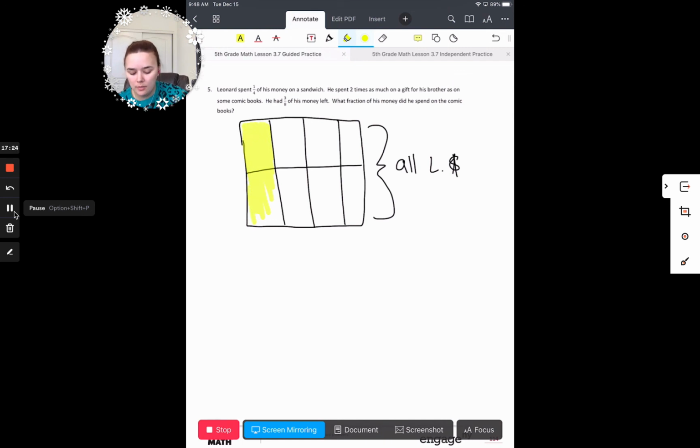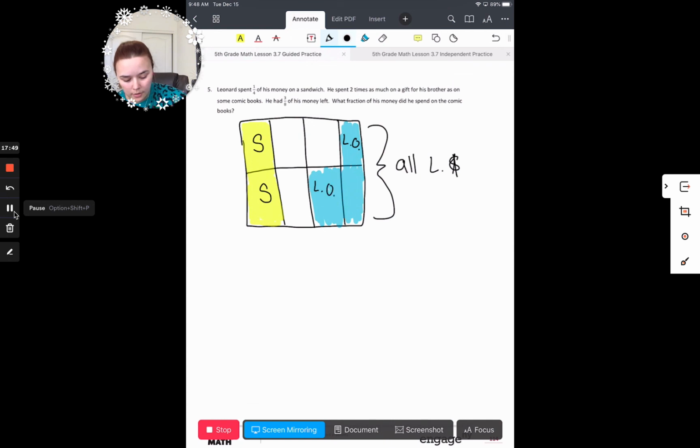So 2/8. So this is how much money Leonard spent on his sandwich. So I'm going to label that with an S. Then he had 3/8 of his money left over. So he had 1, 2, 3/8 of his money left over. So I'm going to label this with LO.